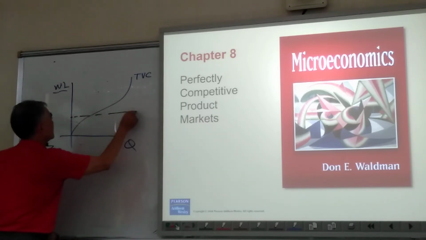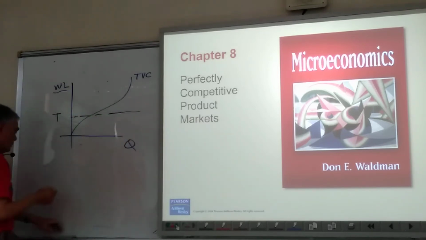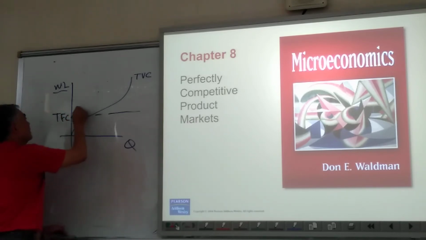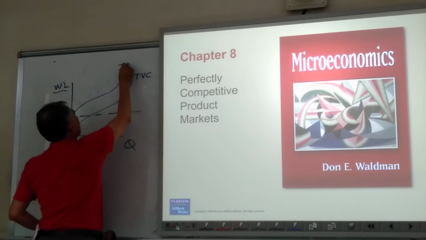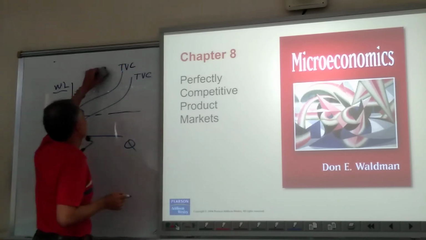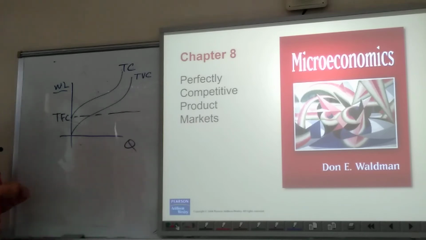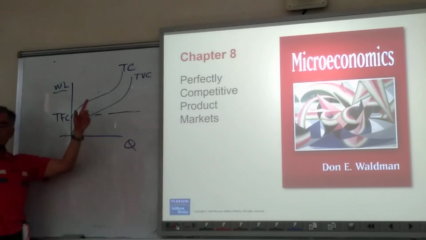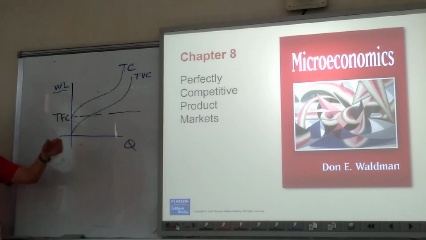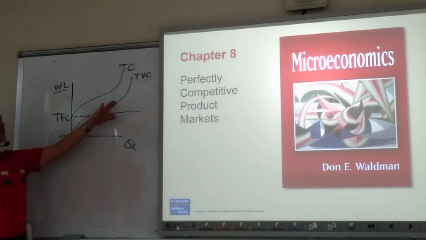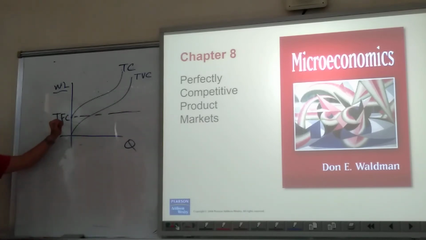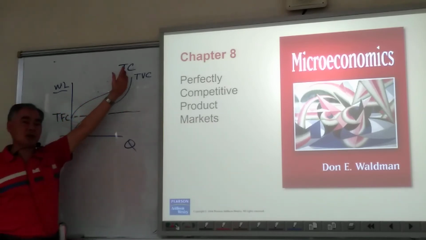And suppose this is TFC, total fixed cost, right? So then it will be something like this. Okay? So this is short run production, so we have fixed cost, variable cost, and it will be something like that. Okay? And total variable cost plus fixed cost will be total cost.